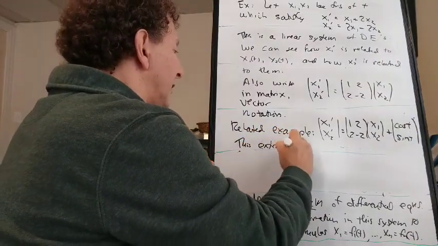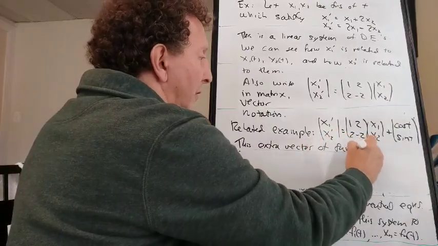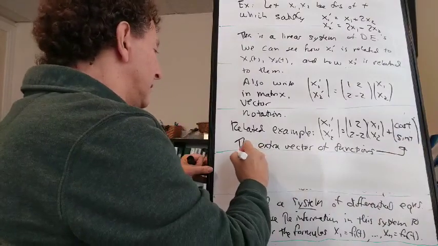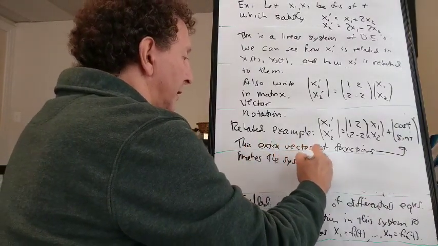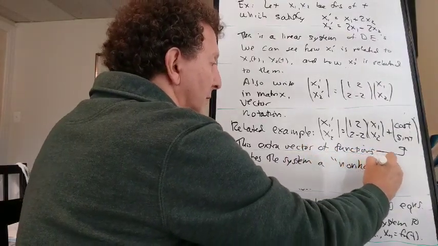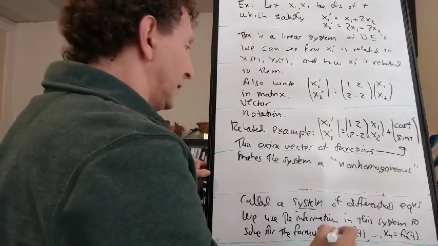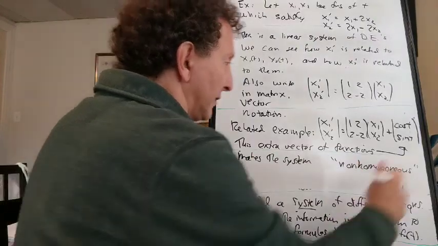This extra vector of functions on the right makes the system what we call a non-homogeneous system.